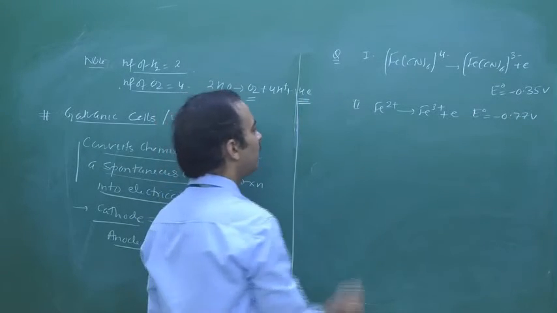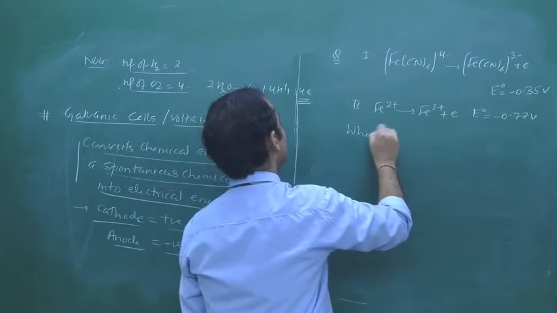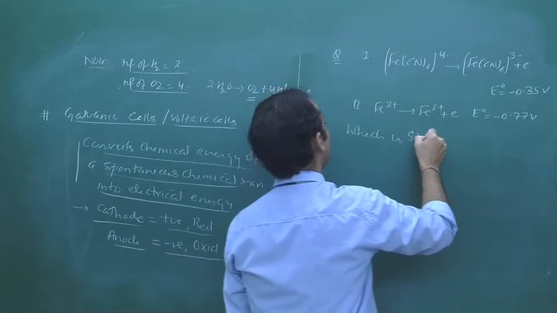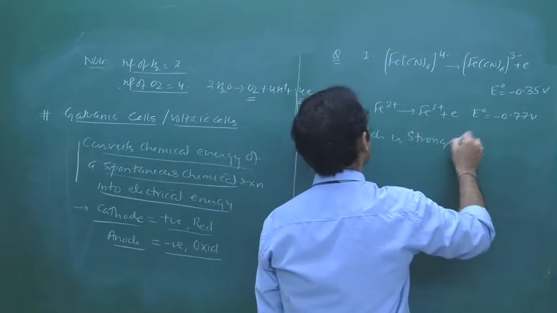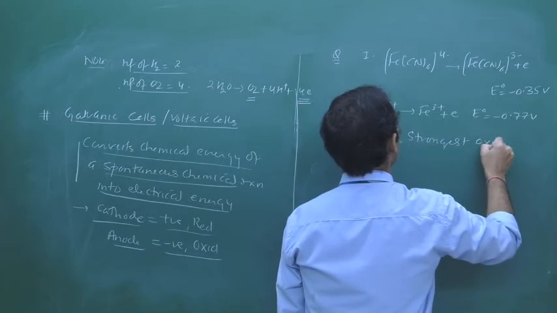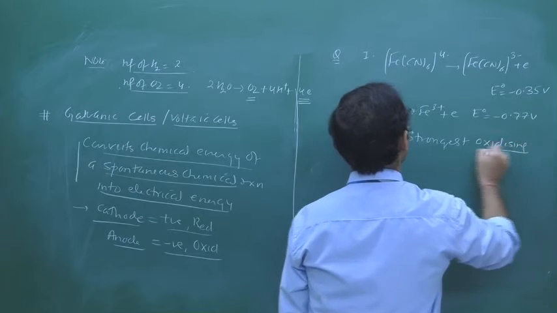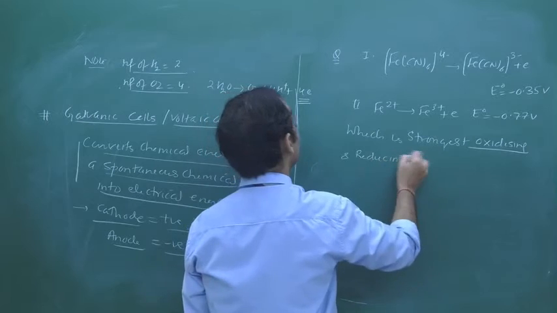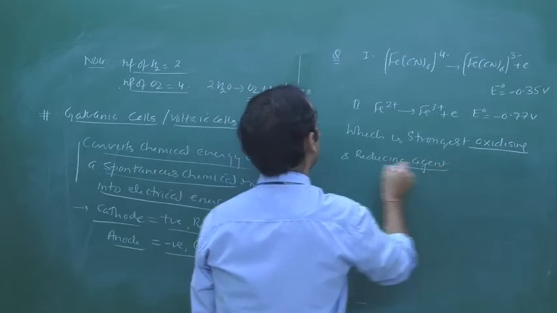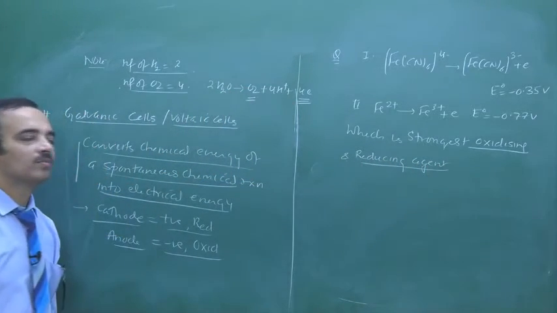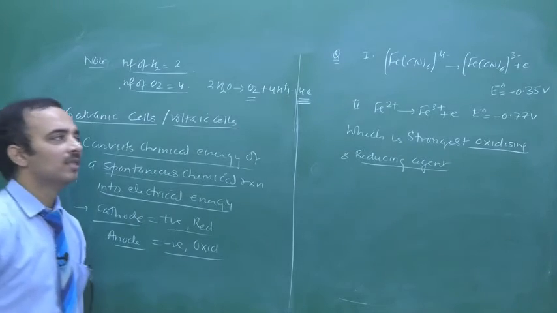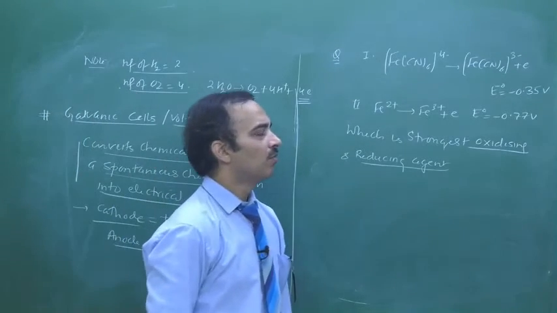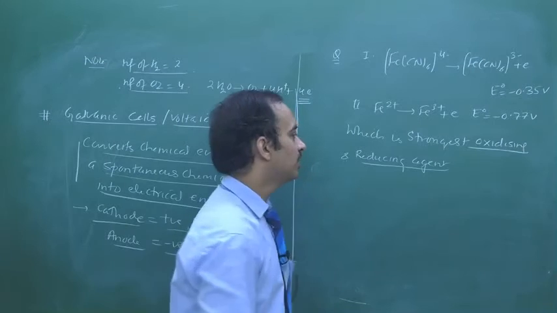Now we are required to find out which is the strongest oxidizing and strongest reducing agent. How can we find this? Beta, first of all see one thing.